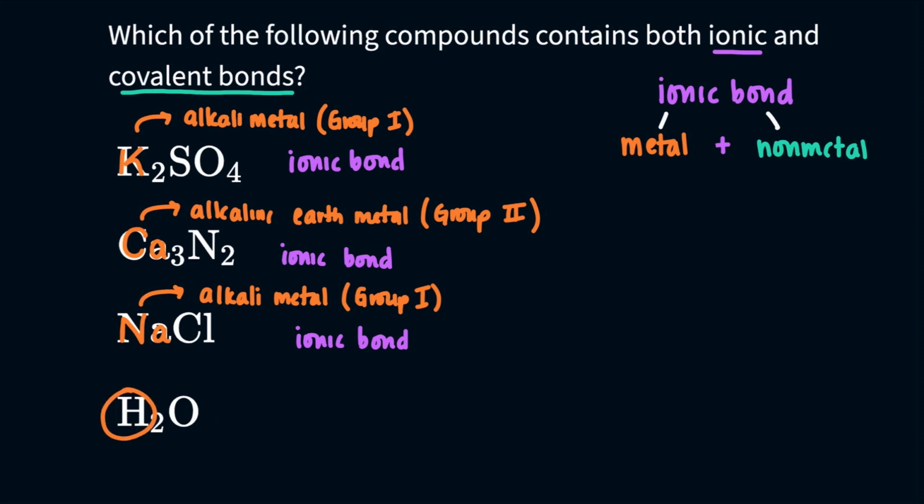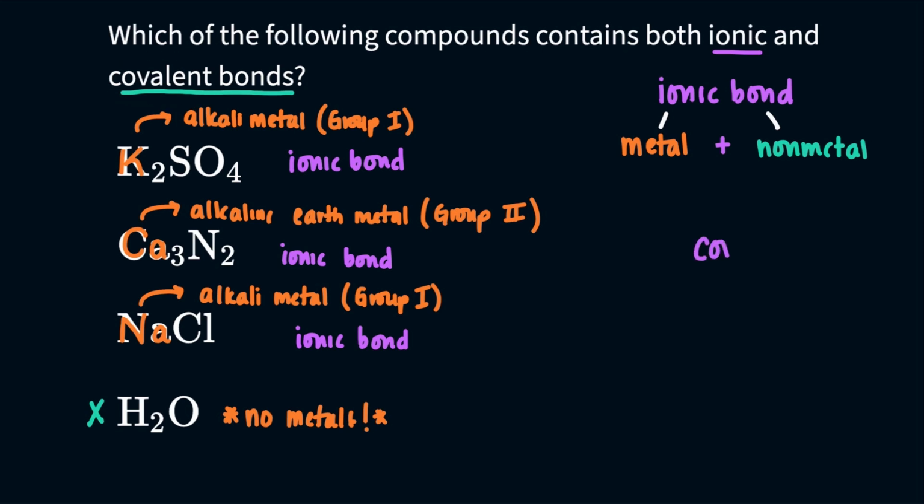That's the exception. Hydrogen is the only one on the left of the periodic table; all your other nonmetals are on the right. In this case, there are no metals, so this would not be ionic. So we can already get rid of 1 out of the 4, and now our chances of getting it correct are greater. Now we just have to find out which of the ones has covalent bonds.